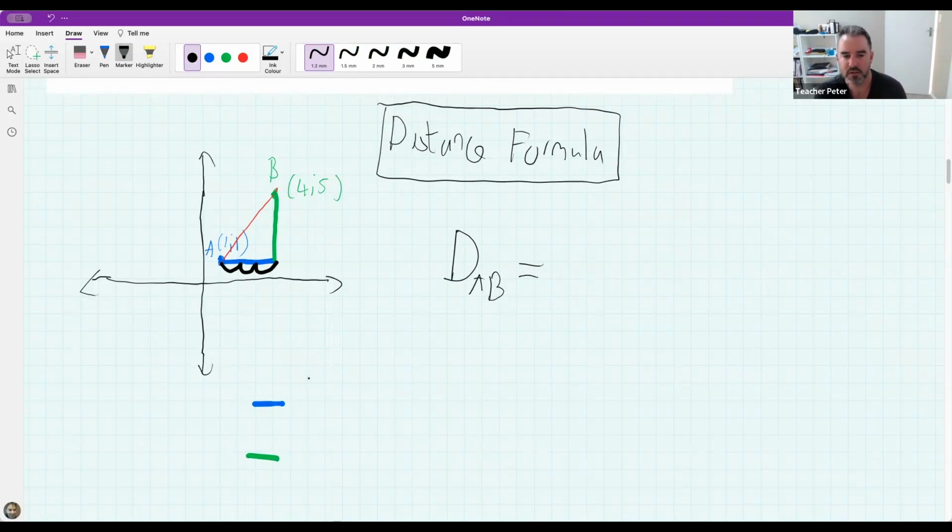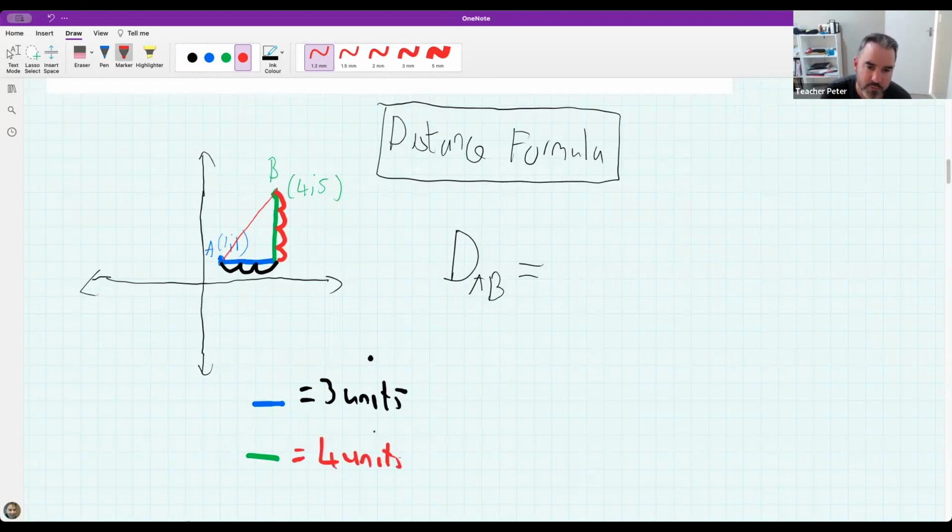So I think this is 3 units, or 3 blocks. How many blocks does the green side climb? To me, it looks like it climbs 1, 2, 3, 4. So we'll say that's equal to 4 units.